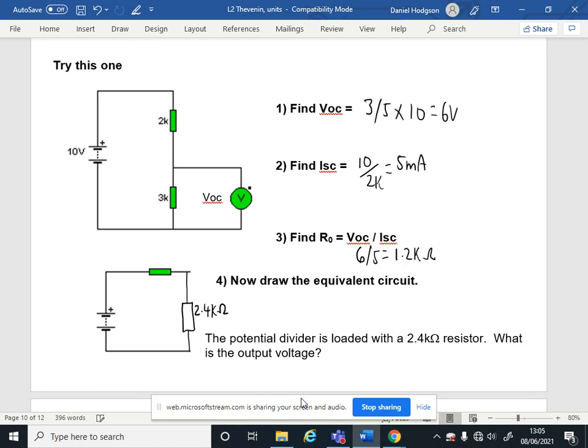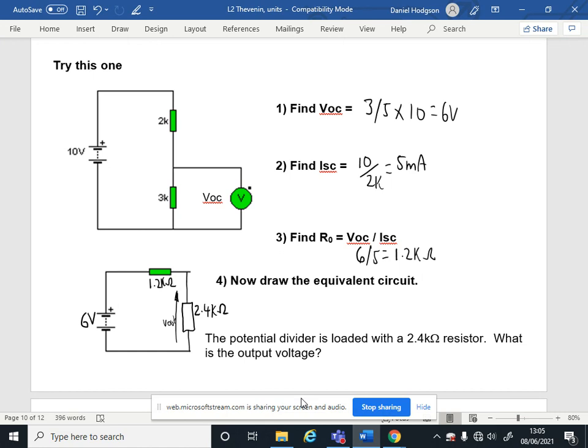Now, I've chosen nice numbers, so have a look what's going on here. I've got 6 volts there, 1.2 kiloohms there, and 2.4K there. So what is the output voltage? The output voltage is the voltage across here. Let me label that V out.